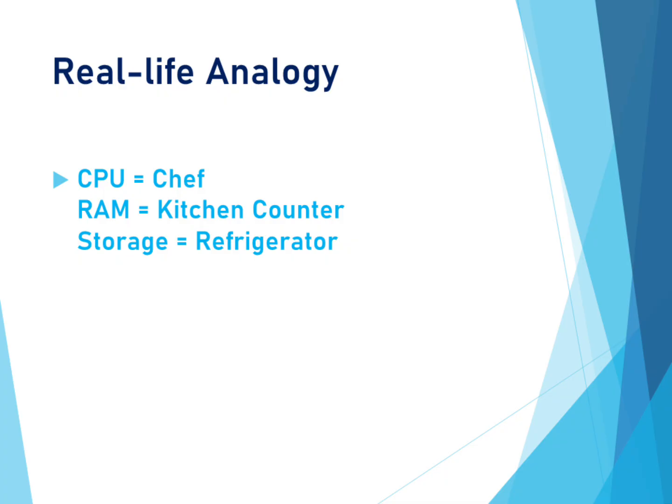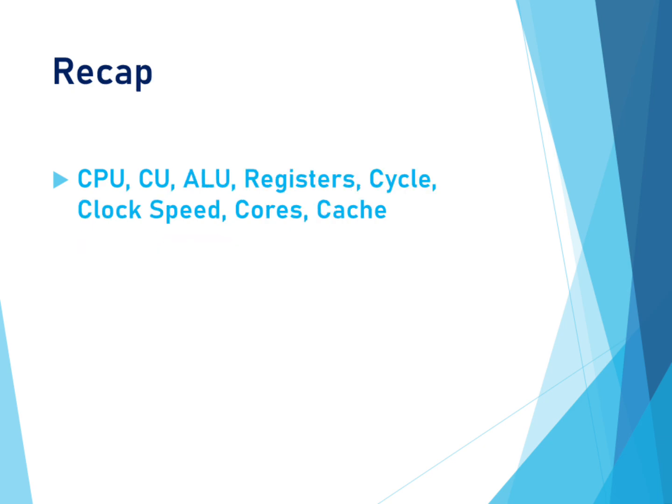Now finally, let's have a quick revision of today's lesson. Today we have learnt about the CPU, which stands for Central Processing Unit. It is called the brain of the computer. The CPU has three main components: the control unit, arithmetic logic unit, and registers or memory unit. It works using the fetch, decode, execute, store cycle.